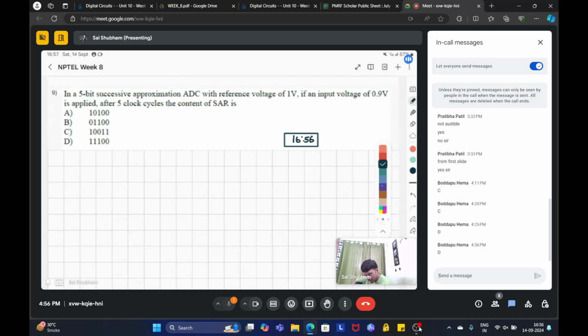So a 5-bit successive approximation ADC. If anyone is trying, just let me know. I will wait. If not, then I will discuss the solution right now.